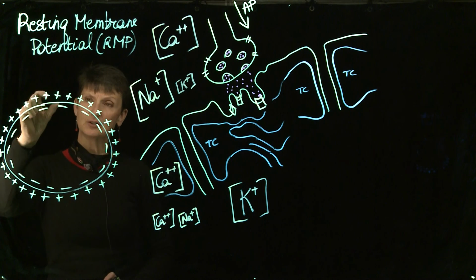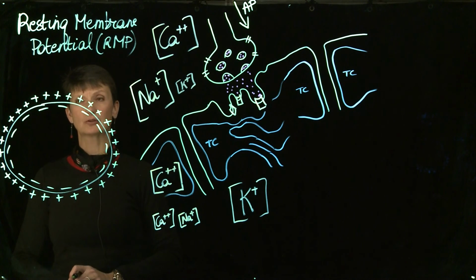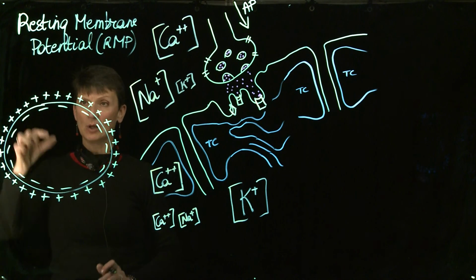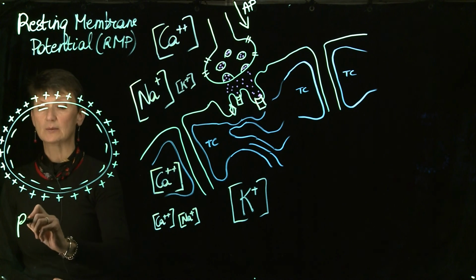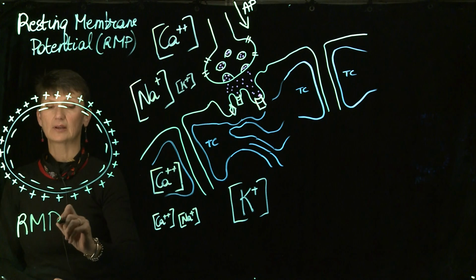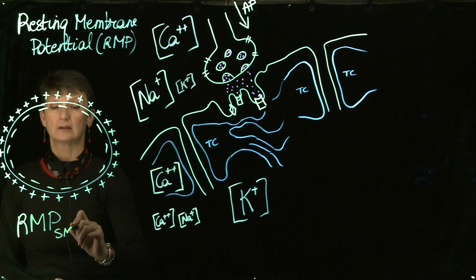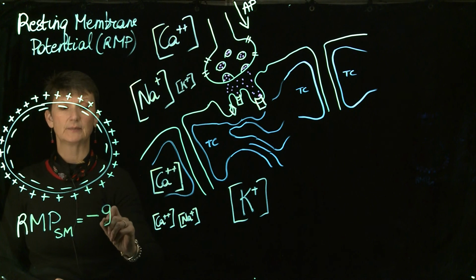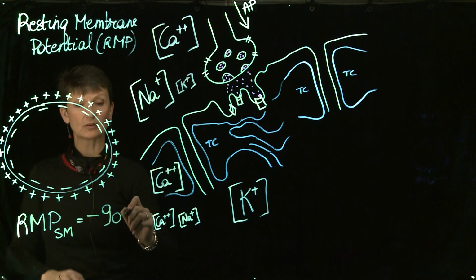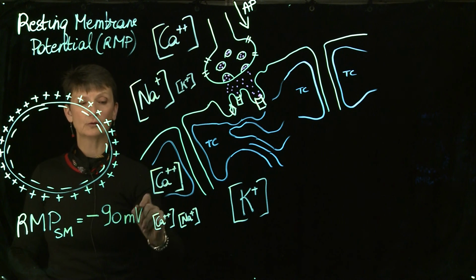And we can measure this gradient of electrical charges across the cell membrane. We can measure that potential. And if we look at the resting membrane potential of skeletal muscles, then we see that it tends to be around -90. And the unit that we use is called millivolts.